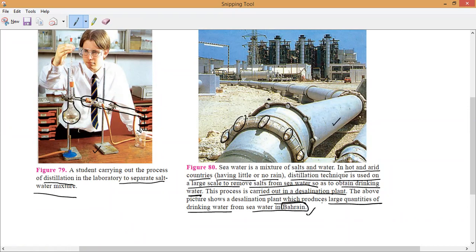in Bahrain. Gulf countries have very little rainfall. So in these areas, to obtain pure drinking water, most of the governments have installed this distillation technique, because they need a huge amount of water which is not possible to get through rains or underground water like us.